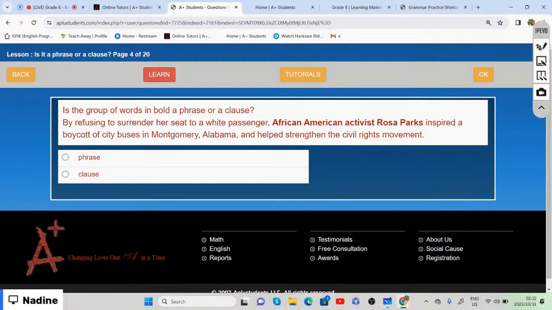So now we need to say African American activist Rosa Parks, if that is a phrase or if that is a clause.